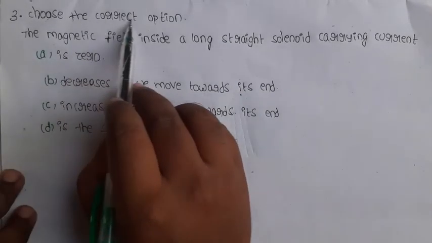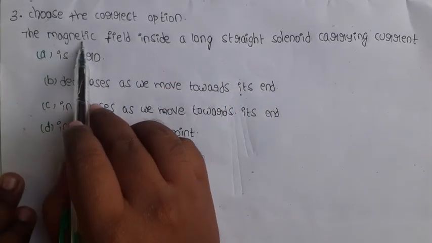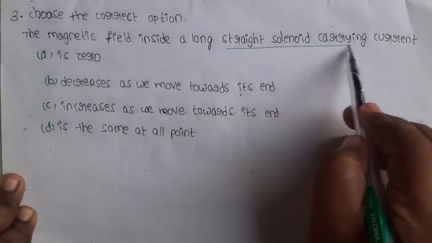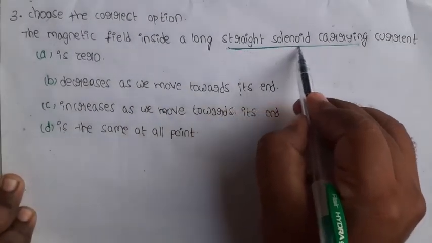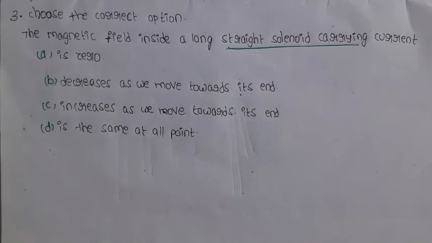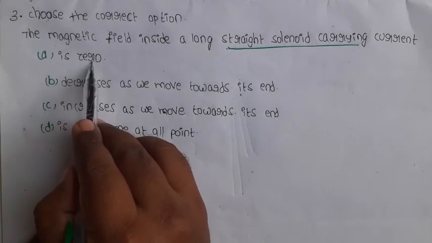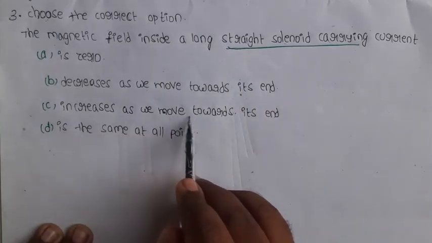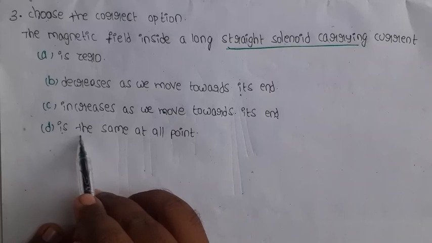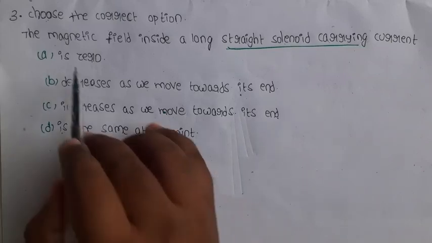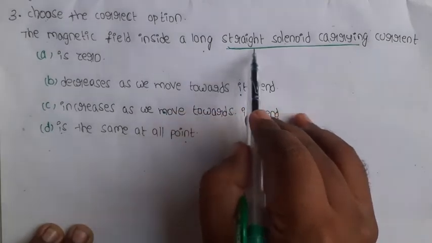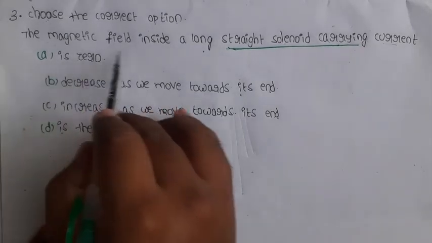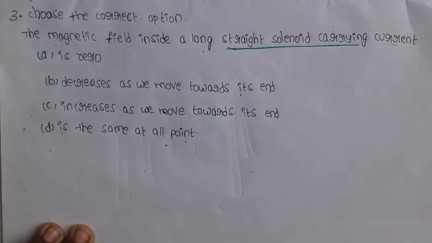Next question. Choose the correct option. The magnetic field inside a long straight current-carrying solenoid: first option is zero, decreases as we move towards its end, increases as we move towards its end, is the same at all points. The current carried inside a solenoid is the same and the magnetic field is also equal.